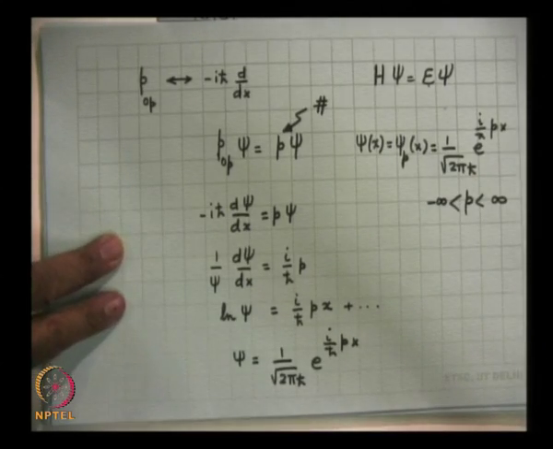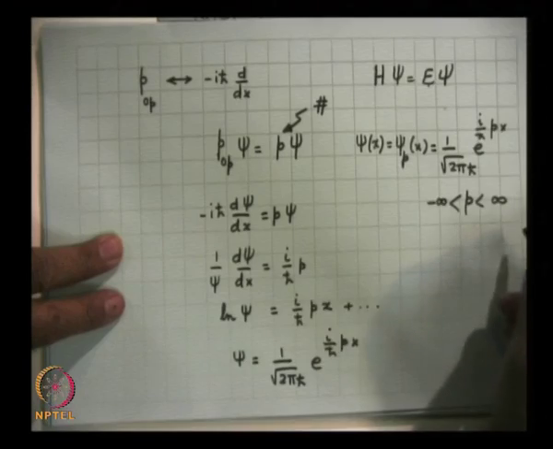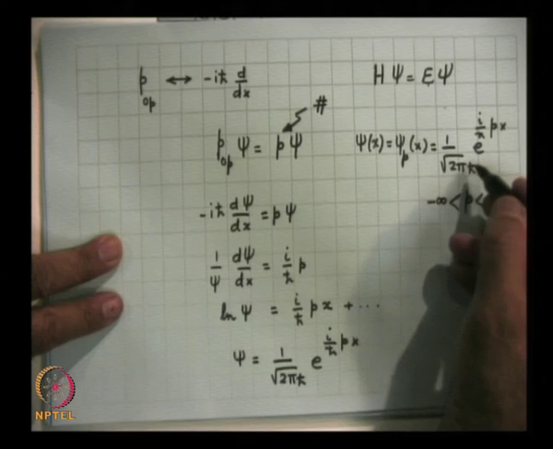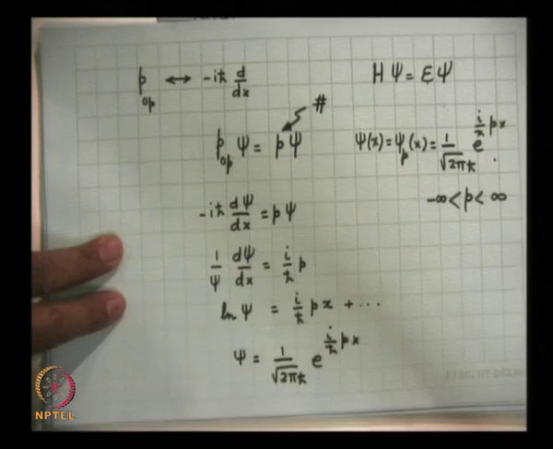These are known as the normalized momentum eigenfunctions, the normalized eigenfunctions of the momentum operator.